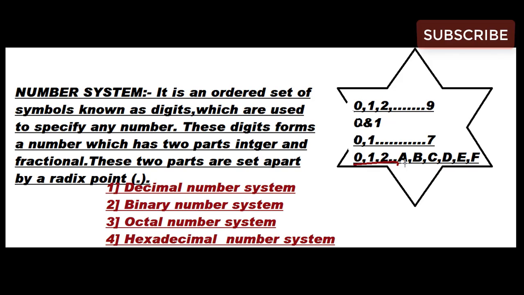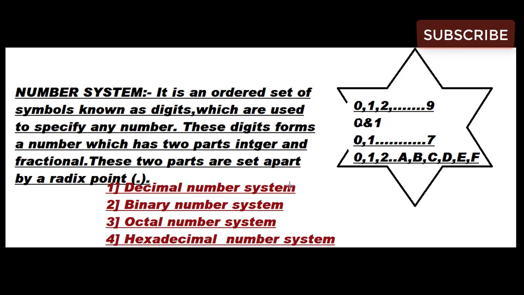And friends, the number system actually has 4 types. Here I am giving the examples. The number system is actually divided into 4 parts. First is the decimal number system, second is the binary number system, third is the octal number system, and fourth is the hexadecimal number system.